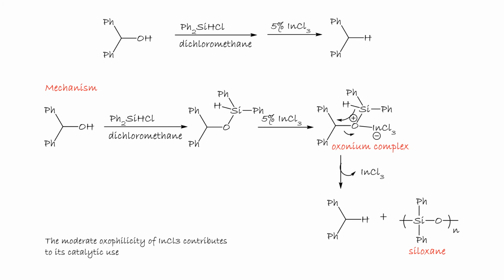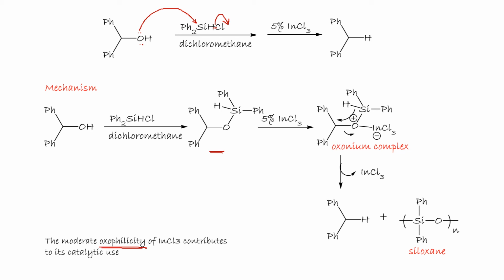About the mechanism, it's very close to the trimethylsilyl chloride. Here it's attacking on the Si, kicking Cl out, forming this intermediate, which upon adding 5% indium trichloride, we call it oxophilicity, has oxophilicity.